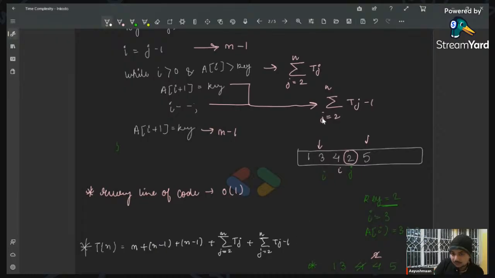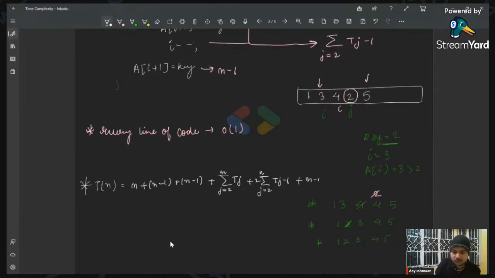This is 2 times, right? So let's add a 2 here and plus n minus 1. As we saw, this is 2 times, so this kind of constants are added here. We may or may not bother about the constants right now. So this will be the time complexity.